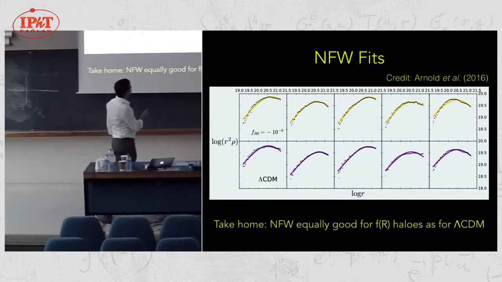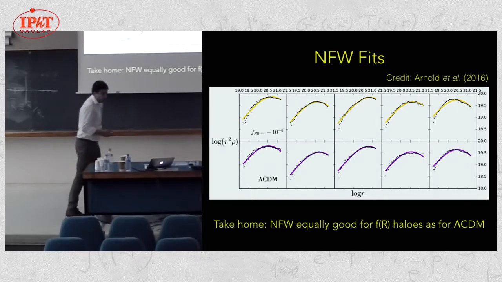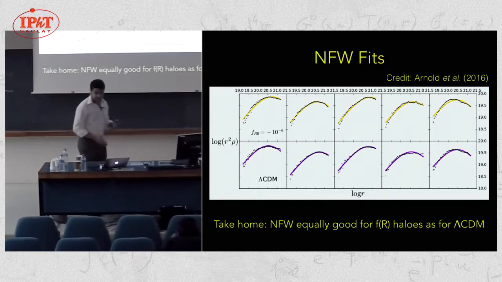In cases where the fit is not so good, you observe that in both F of R and lambda CDM. And in some cases, it would appear that the fit is even better in F of R than it is in lambda CDM. So that's some evidence to suggest that maybe this method with the toy models is not such a bad one, but ultimately we don't know what the baryons are doing.